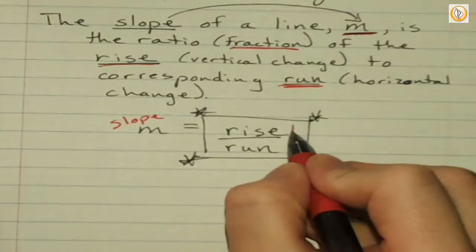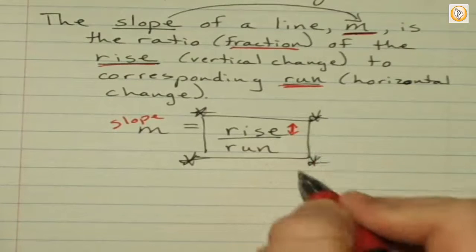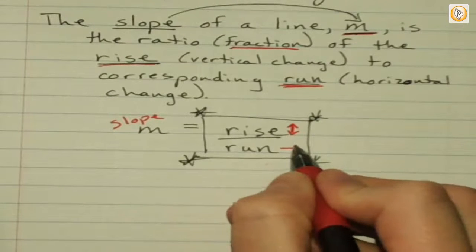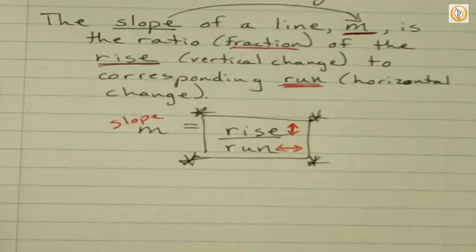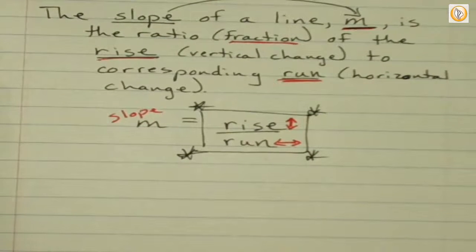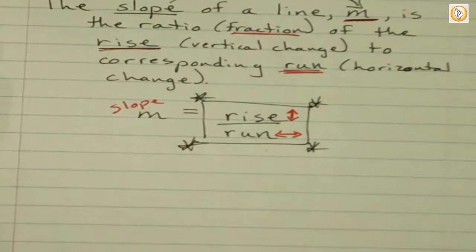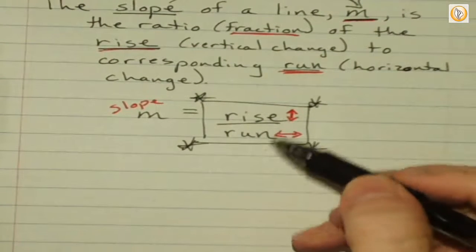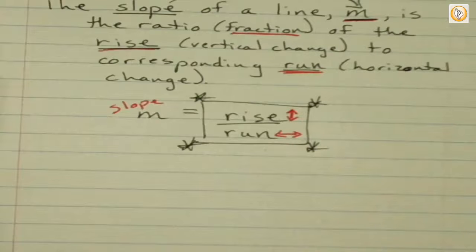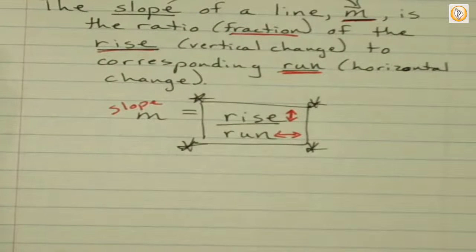Do y'all remember this? The only thing that gets kids is y'all will switch it. Y'all will put the run, the left and right, on top, and then rise on the bottom, and that can mess you up.